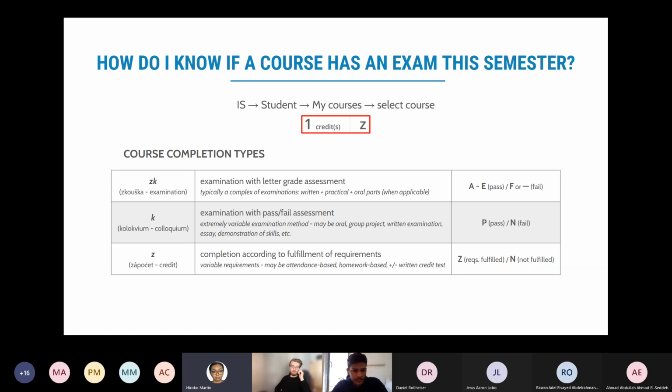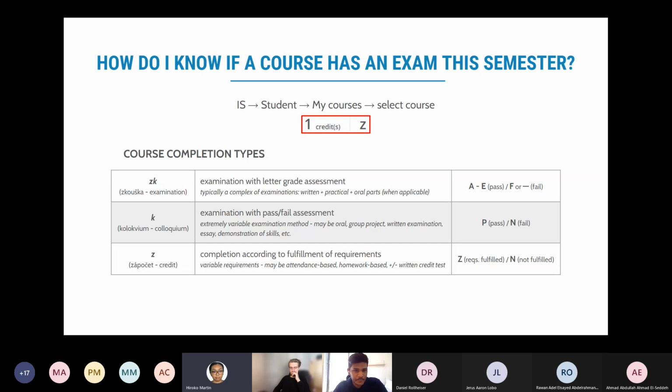A lot of the instructors can be pretty creative about colloquiums and can ask for just about anything. So just be aware that it could be anything ranging from an essay, or, for example, in first aid, a demonstration of your CPR skills, or an oral exam or a group project or something like this.